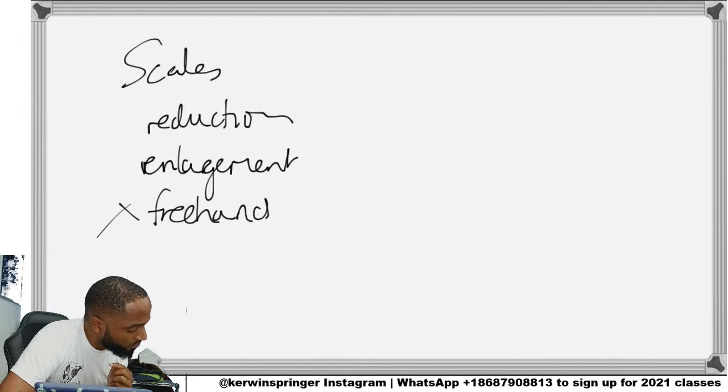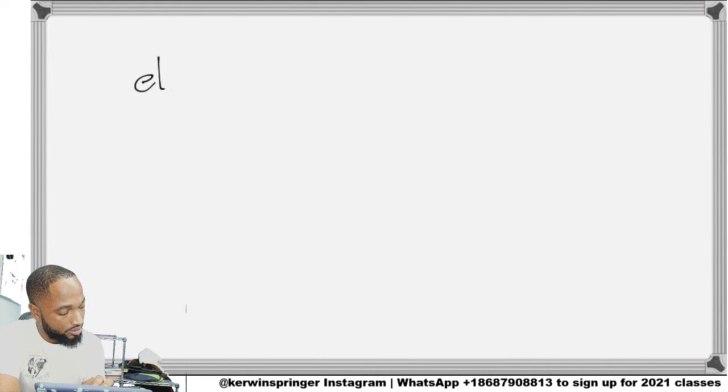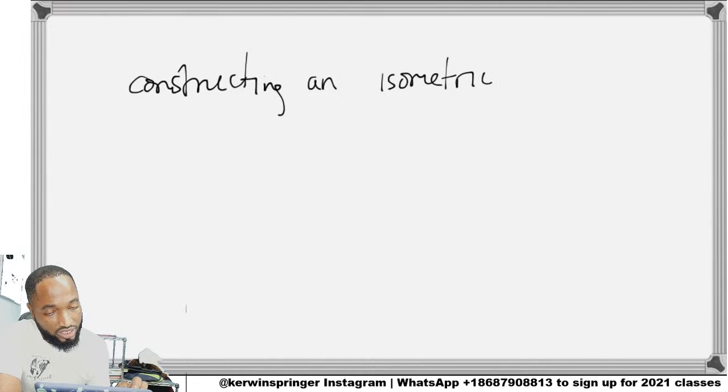Anytime you want to make an ellipse, constructing an isometric circle was the first step. There are a lot of first step questions for technical drawing.